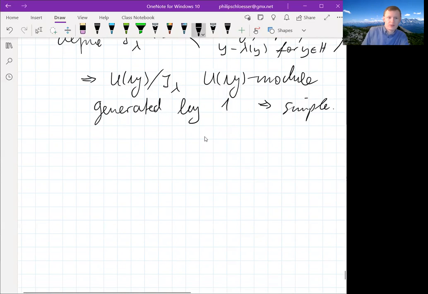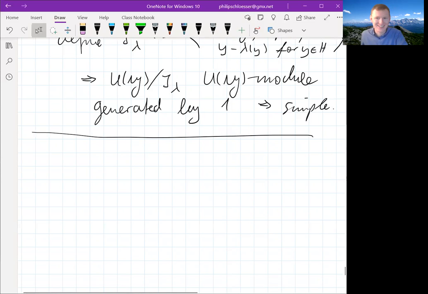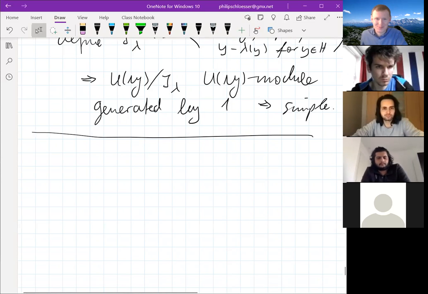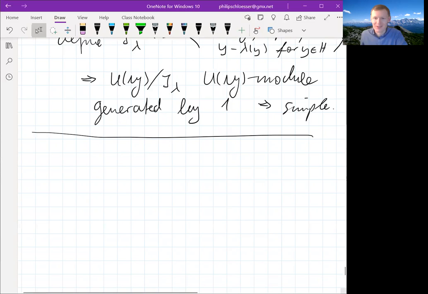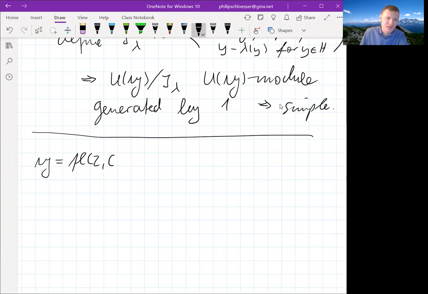Now this is all very abstract, I guess. So I will talk about an example. And of course, it's the one example that is always talked about when we talk about the representation theory of Lie algebras, namely g equal to SL2C.